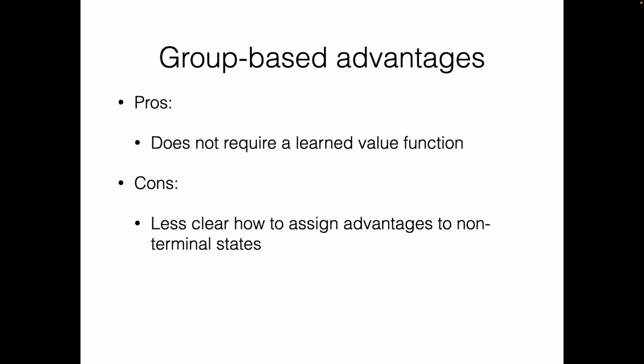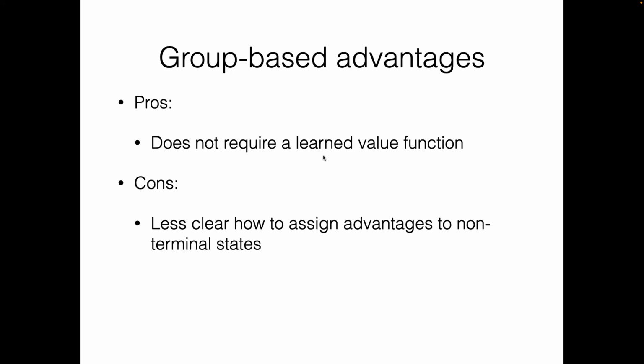The con is it becomes less clear how to assign really good advantages to earlier states, like earlier tokens. You could try doing multiple rollouts for each given token, but that can get pretty expensive to do for every single token. Whereas with a value function, you could just learn a function that gives you some number for each intermediate token.